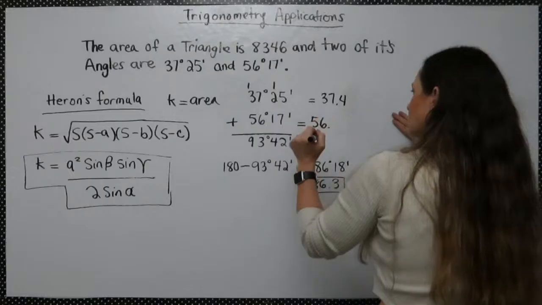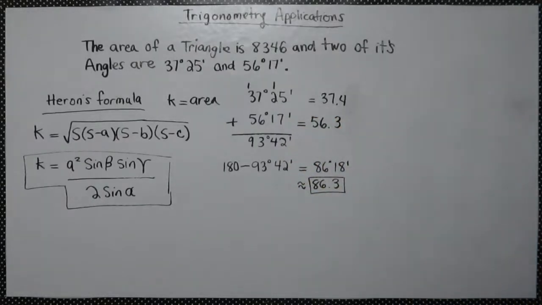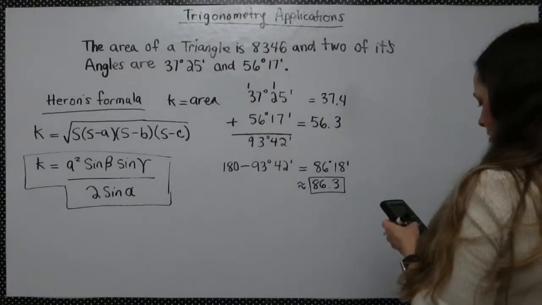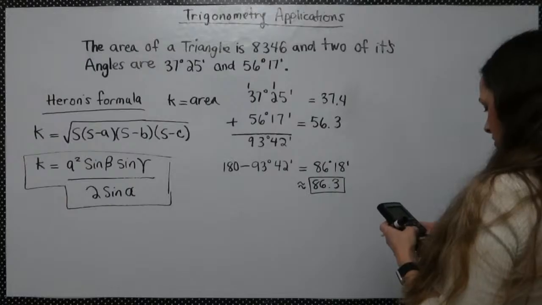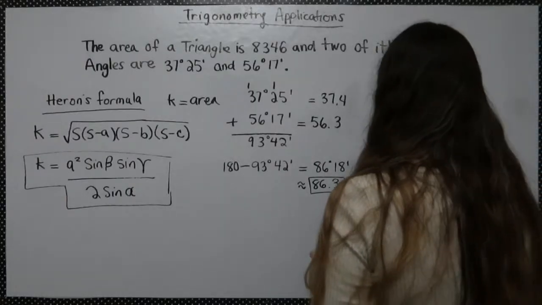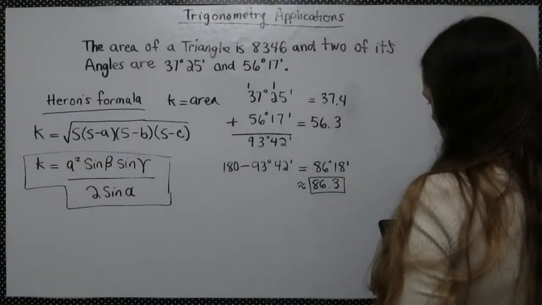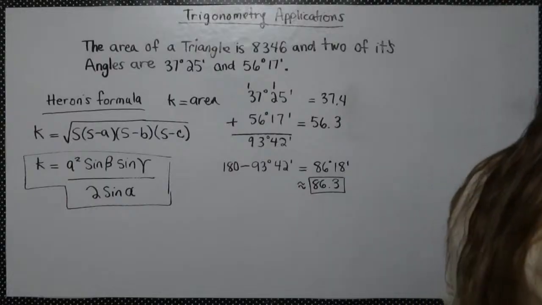And what was that one? 0.3. Let's see this one again. 56 degrees and 17 minutes. So I'm getting 56.28. Yes, 56.3. Okay. I just wanted to make sure.